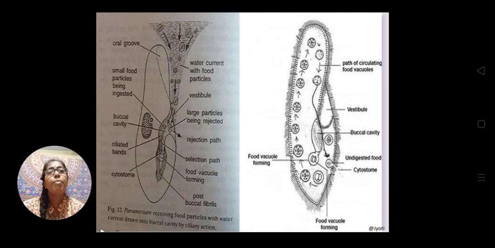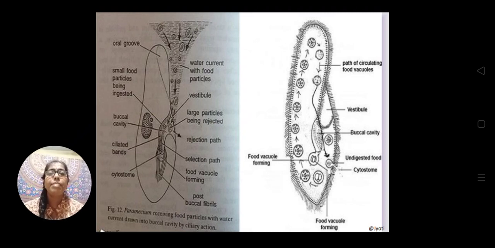So with the help of water current, the food particles are swept into the body of the paramecium through the cilia. Okay, so what happens, cilia are very small hair-like structures. So these cilia reject the large particles and allow only the very small particles to enter into the body.